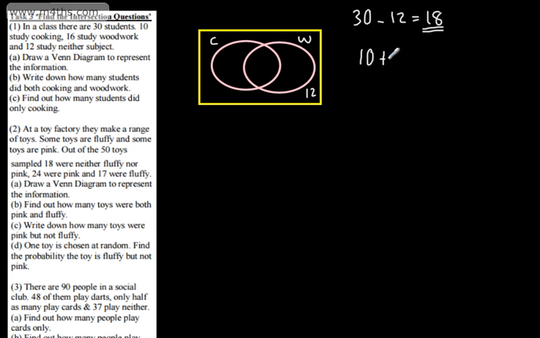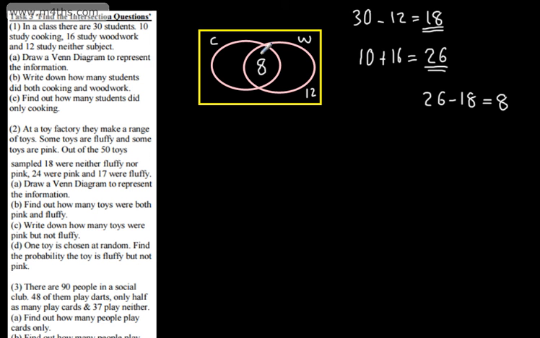Now 10 plus 16 is equal to 26. But we only have 18 spaces. What we do here is we do the 26 minus the 18. That gives us 8. 8 goes in the middle because these are the people who are counted in both cooking and woodwork. So they're not separate people, they're just doing both.